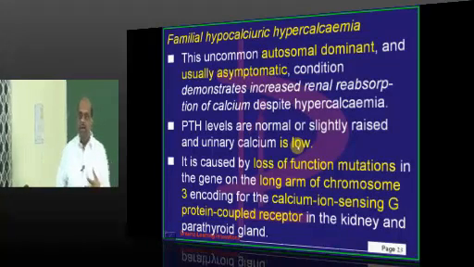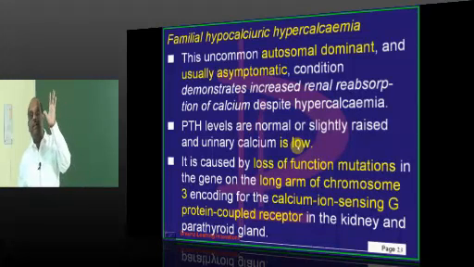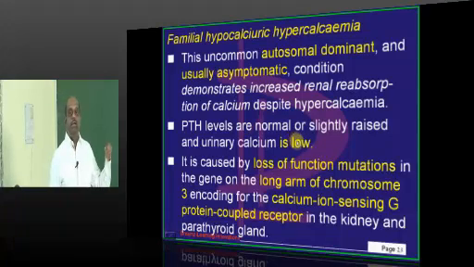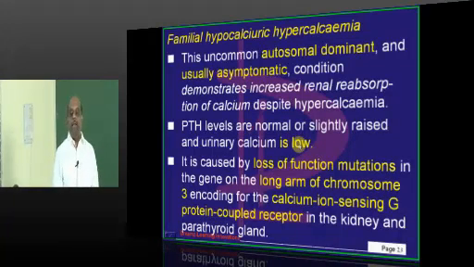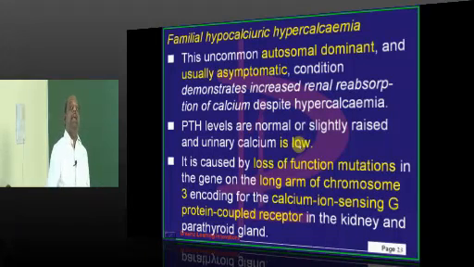The tendency for increased reabsorption of the calcium in the tubules is the one responsible for their hypercalcemia. If the calcium is more reabsorbed from the tubular fluid, what will happen? Calcium won't enter into urine. Hence there is hypocalciuria there and hypercalcemia in the blood.